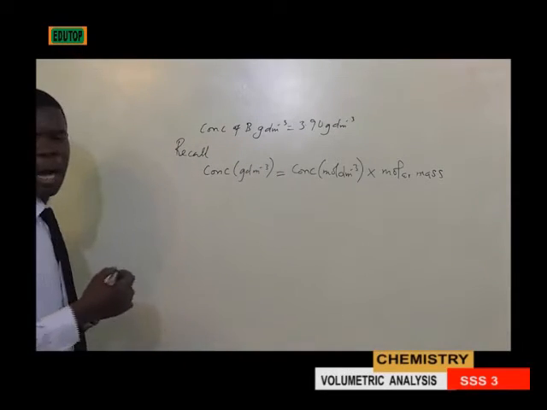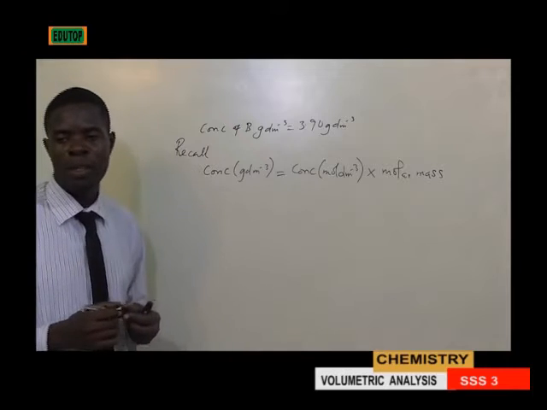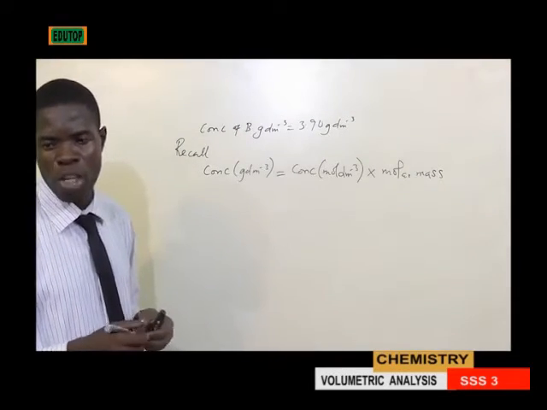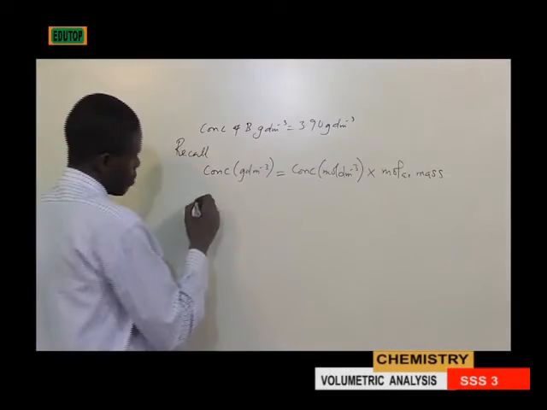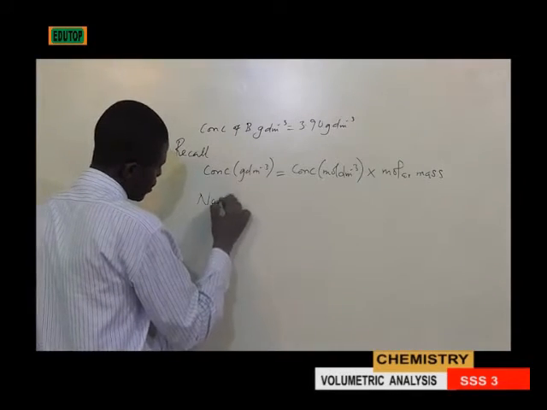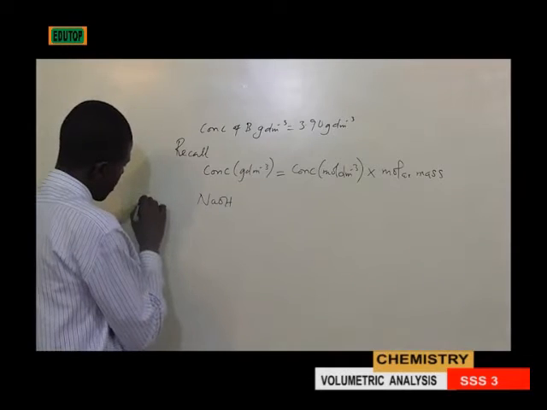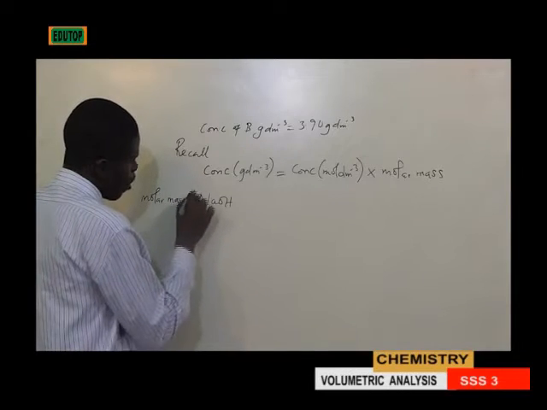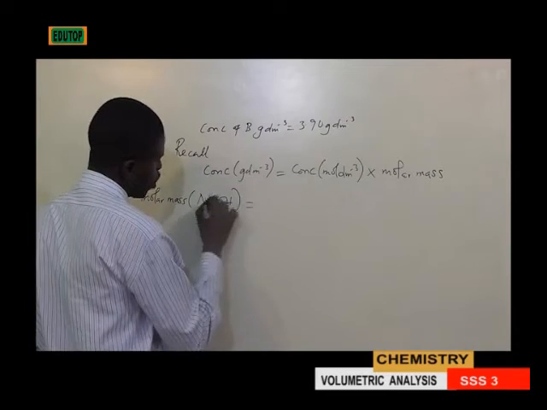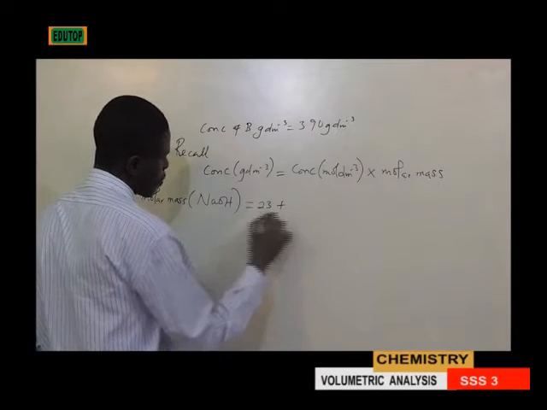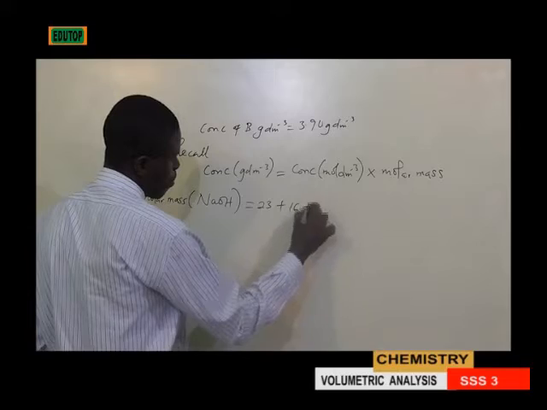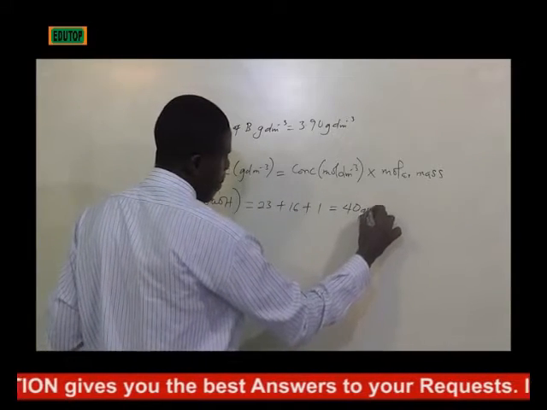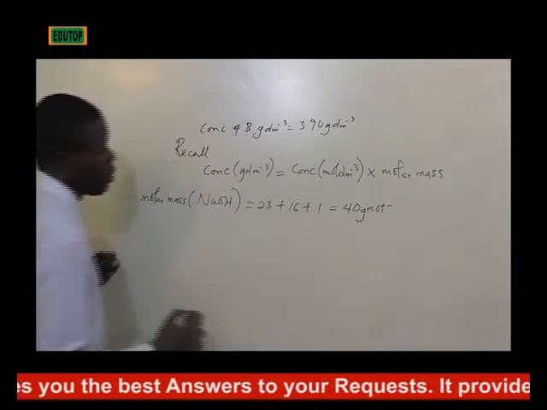So what is the molar mass of sample B, which is sodium hydroxide? Molar mass of sodium hydroxide is, sodium is 23, plus oxygen is 16, plus hydrogen is 1. So that is 40 gram per mole.